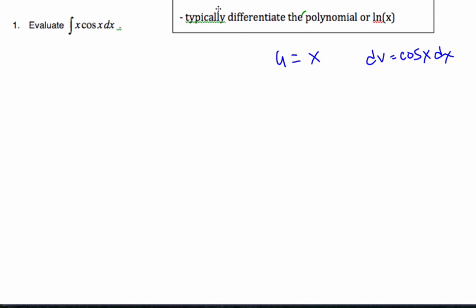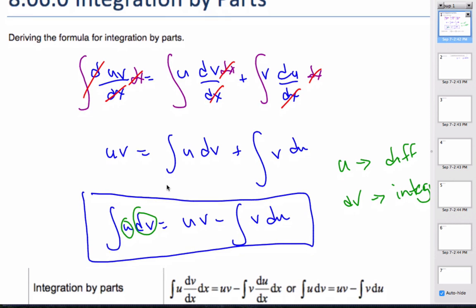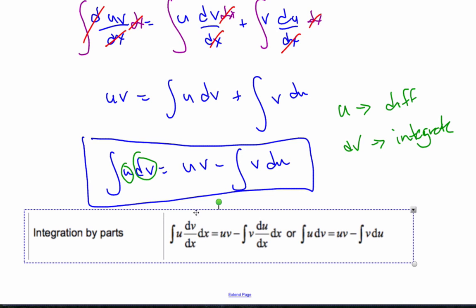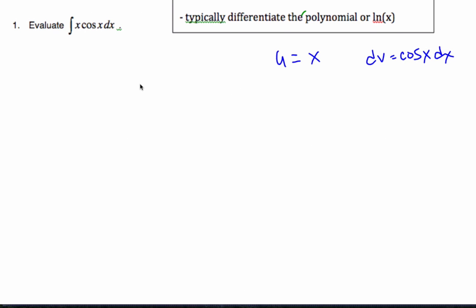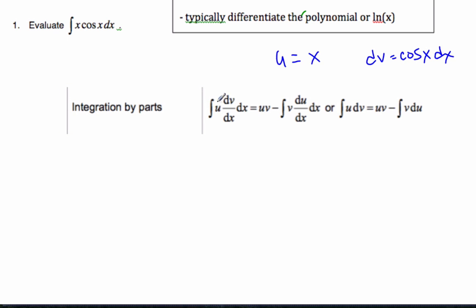And where that comes from is if I look at my formula here, let me call that back. If I look at this formula, in my integral I need u and I need dv. Well, here is u, and then dv is all of that. So here's my dv, and I've broken it up as such.